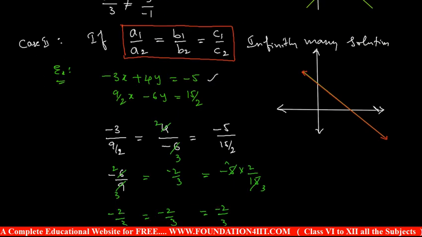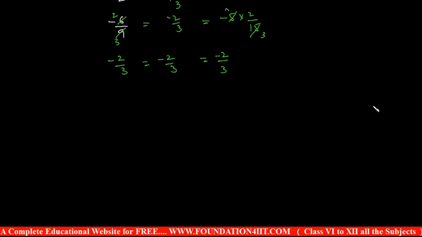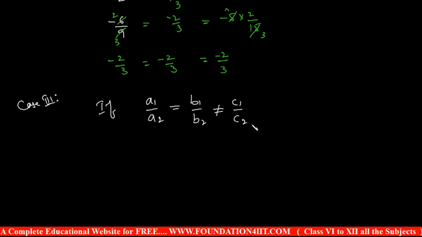And one more, case 3: you see there is a unique solution and infinitely many solutions, and this third one is no solution. In some cases of linear equations, there is no solution at all. That is only in the case a1 by a2 is equal to b1 by b2 but not equal to c1 by c2. In this type of case, we'll get two lines that are parallel.